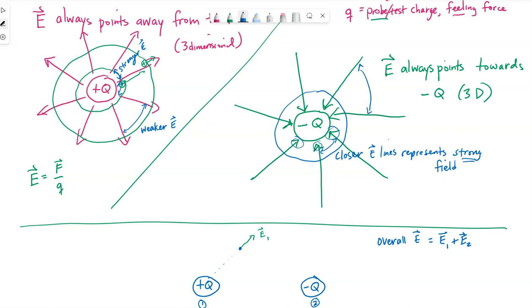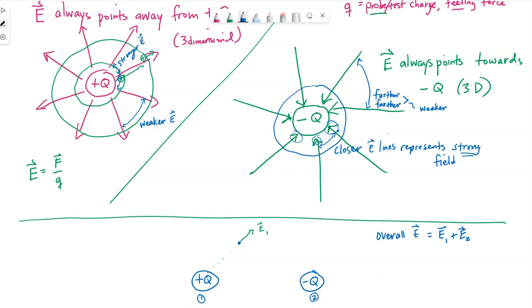The further apart, farther, I don't know which is appropriate here. I'm not an English guru, sorry. Means it's a weaker field. It just means the force on a charge won't be as big out there as it would be in here.